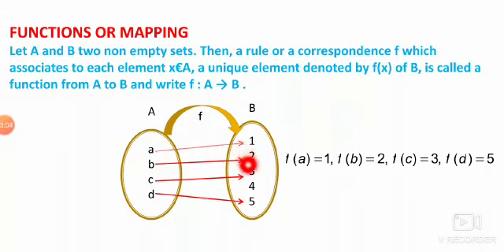Therefore, 1, 2, 3 and 5 are called the images of the elements of the main set. The set A is called the domain and set B is called the codomain.